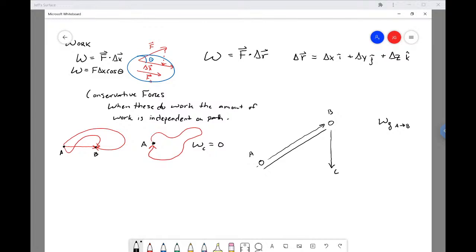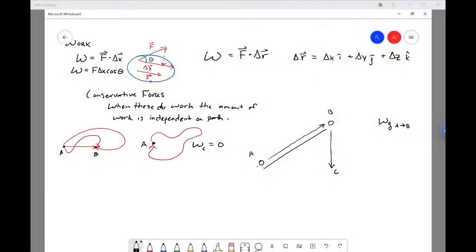And we could also say that instead of thinking about the total path from start to finish, we can think about moving along a path one little tiny infinitesimal piece at a time. So instead of a delta r, we can think about a dr. All right, calculus, inbound.